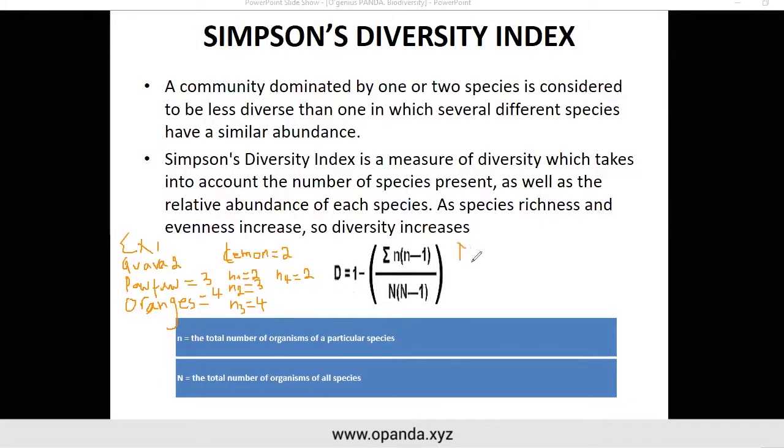The big N is equal to n1 plus n2 plus n3 plus n4, which is 2 plus 3 plus 4 plus 2, which is 11.